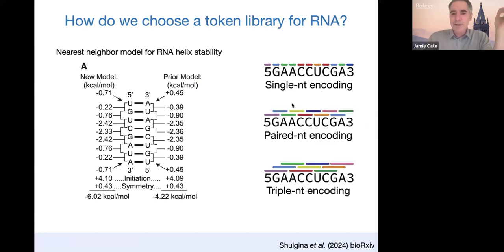We decided to use triple nucleotide encoding, where, for example, this A is encoded based on its neighbors as well, right? That green line is for that A, whereas this A would be different because it has 2 different flanking nucleotides.